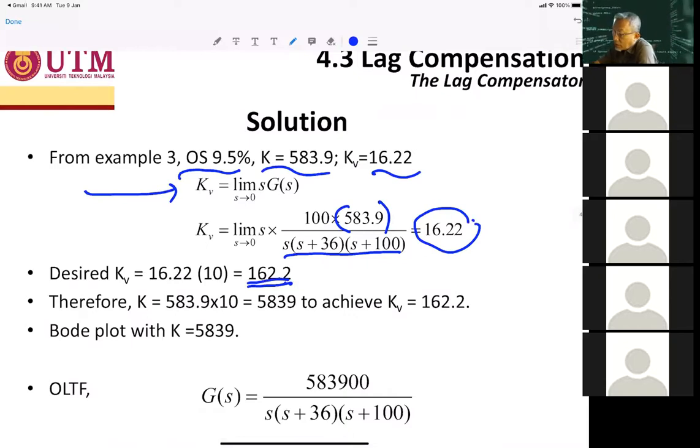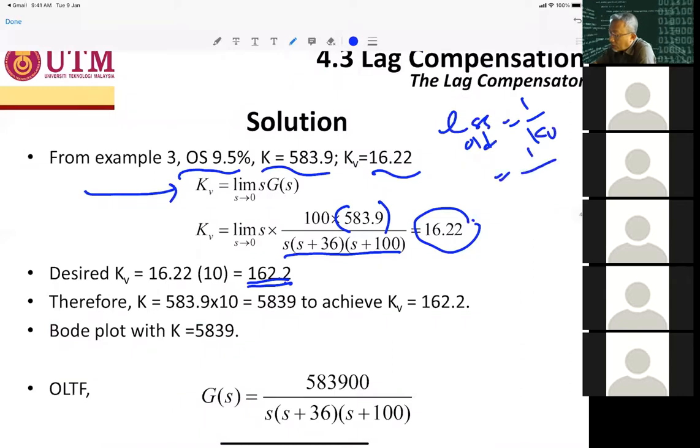As I told you before, the old ESS is 1 over KV, which is 1 over 16.22. How much is the error? 1 over 16.22 is 0.06165.